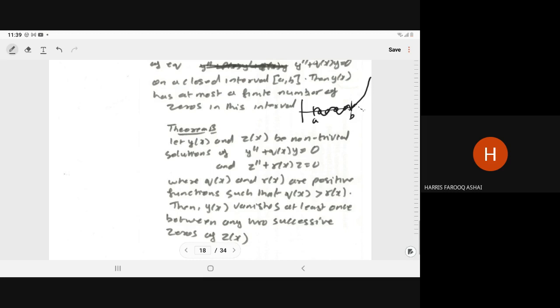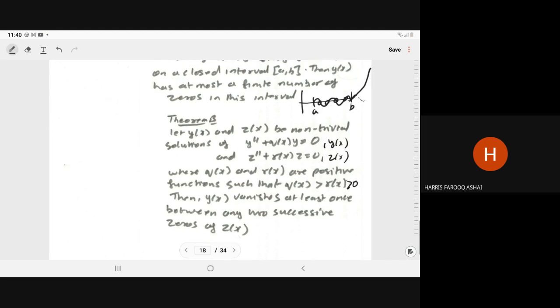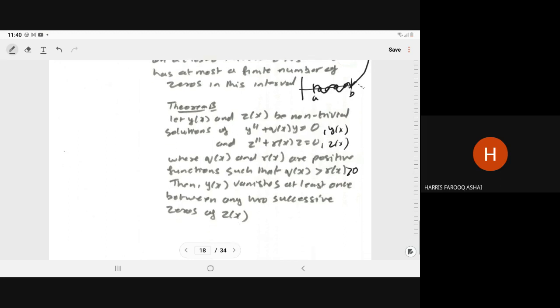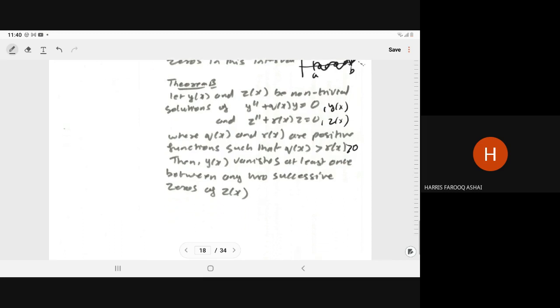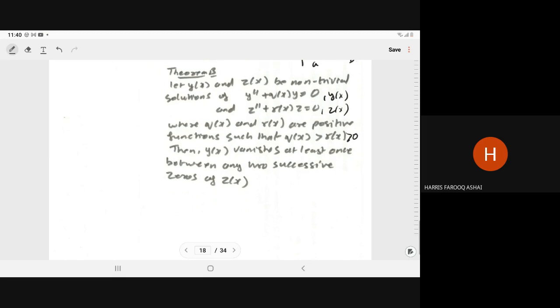Here y(x) is a solution of the first equation and z(x) is a solution of the second equation, where q(x) and r(x) are positive functions such that q(x) is greater than r(x) greater than 0. Then y(x) vanishes at least once between any two successive zeros of z(x).